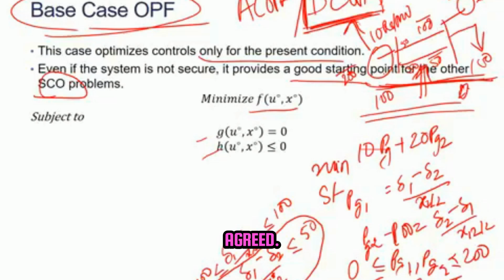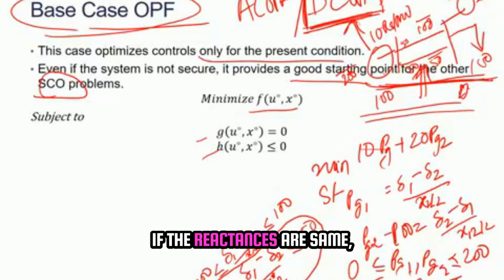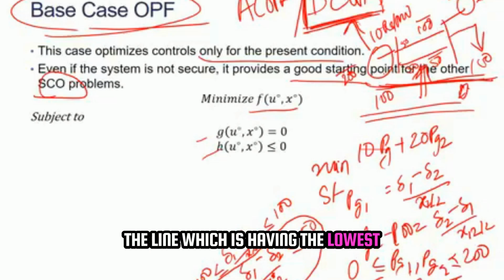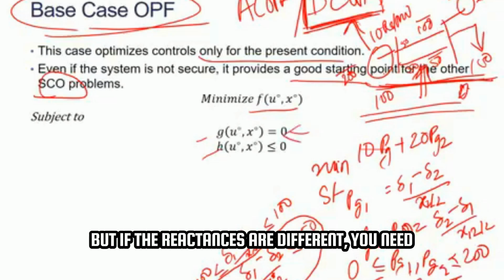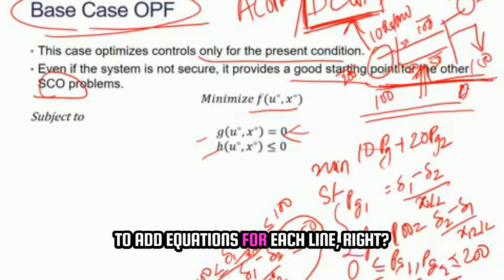Right? Agreed? Nivedita, Adam? Yeah, it's clear, sir. Good. So if the reactances are the same, you can just take the line which has the lowest limit, add that, and that will solve the problem. But if the reactances are different, you need to add equations for each line, right?